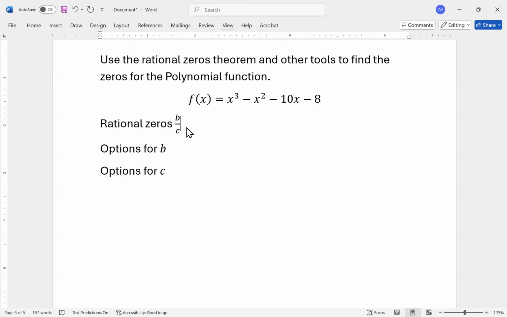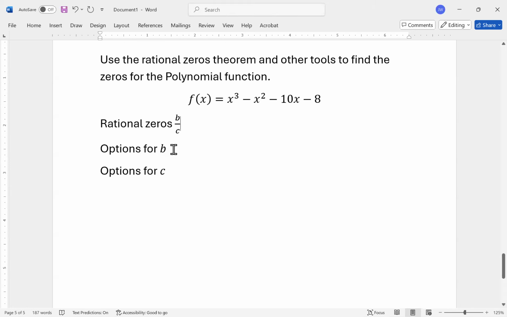So the rational zeros theorem says all rational zeros will be of the form b over c, where b is a factor of the constant term and c is a factor of the leading term.